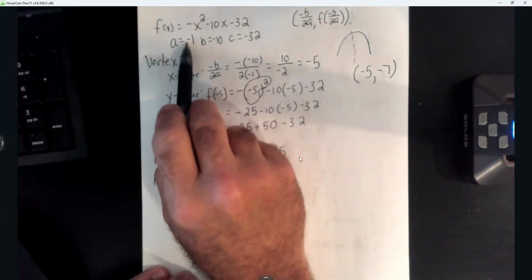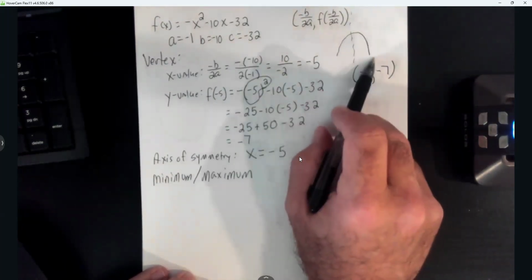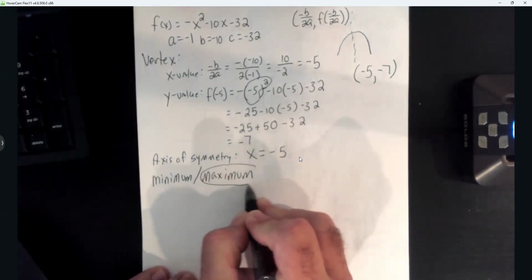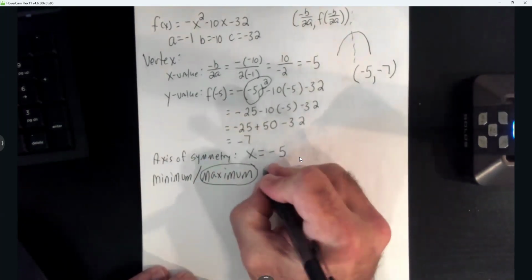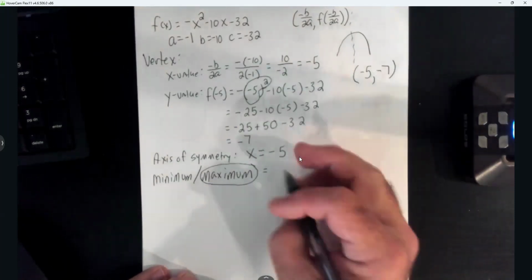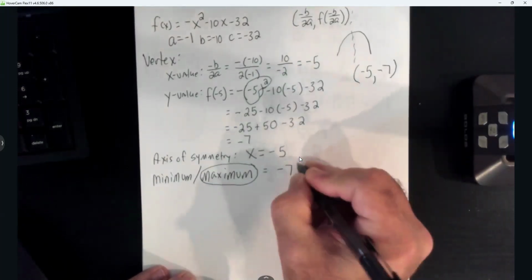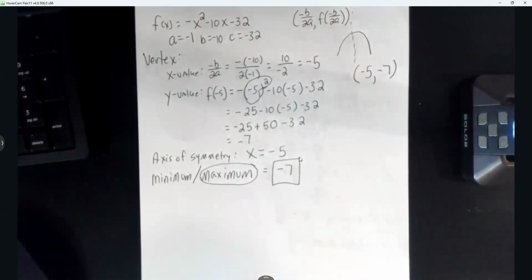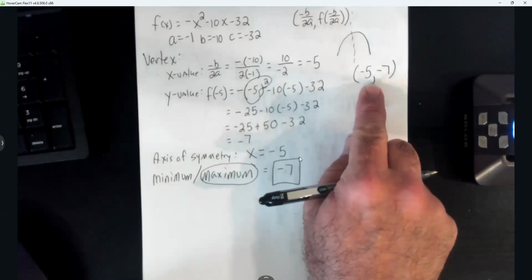Well, we said since A was negative, it flipped it over, and it's going to give us a maximum this time. And the maximum value is the y value of -7. And then y'all, once again, they want to graph it. So the first point I'm going to plot will be -5, -7.